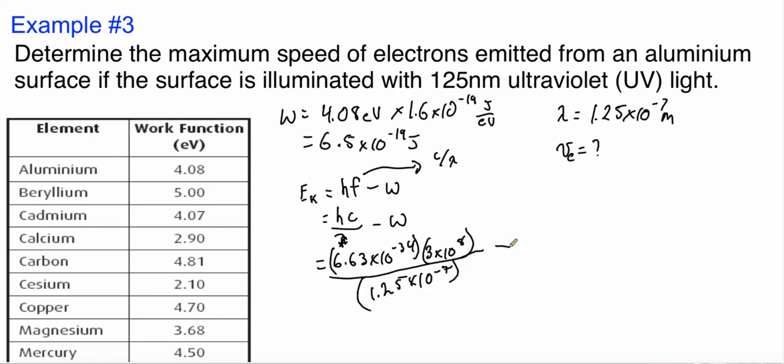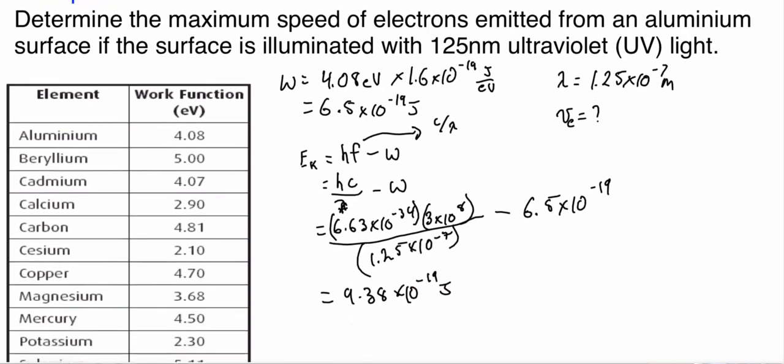And this is all going to be subtracted by 6.5 times 10 to the negative 19. Now when I calculate all this, I'm going to end up getting 9.38 times 10 to the negative 19 joules.